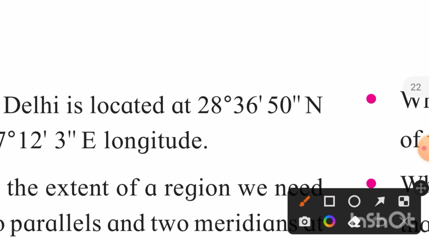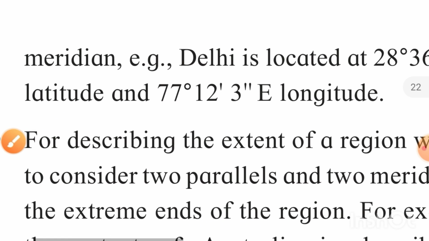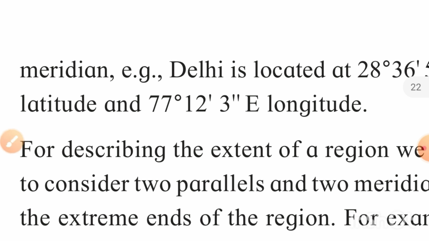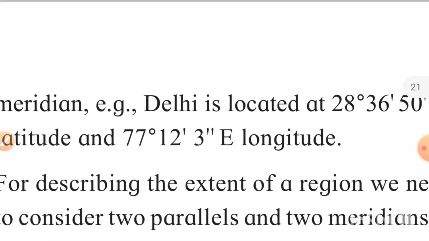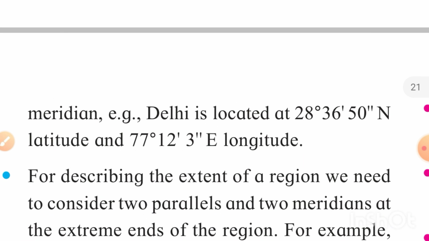Note, whenever you see just one hyphen, it is minutes. When you see two hyphens, it is seconds. Okay, that is latitude, and 77 degree 12 minutes 33 seconds is longitude. So let's understand with the help of the map.